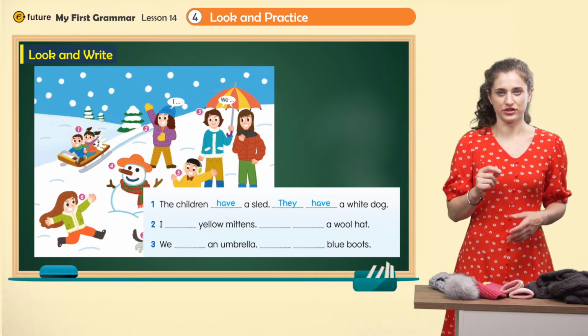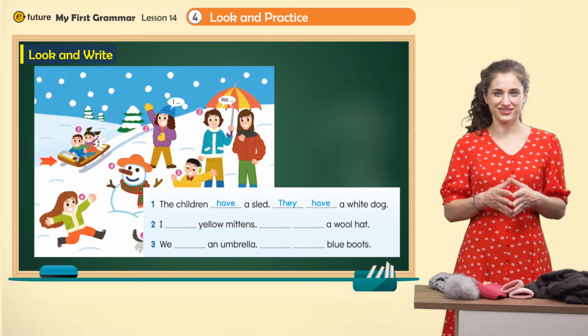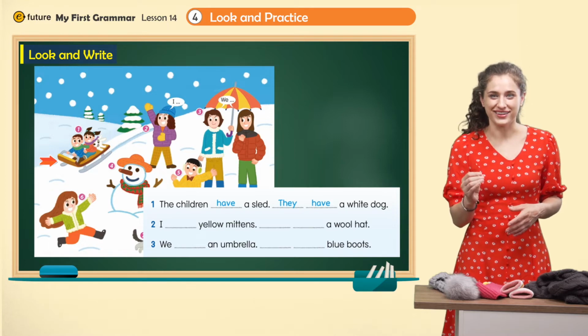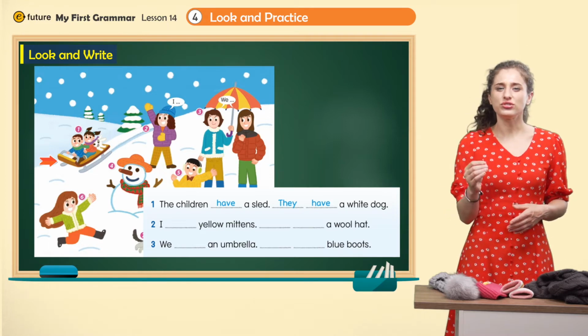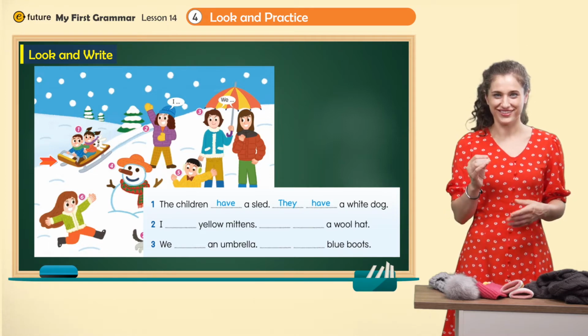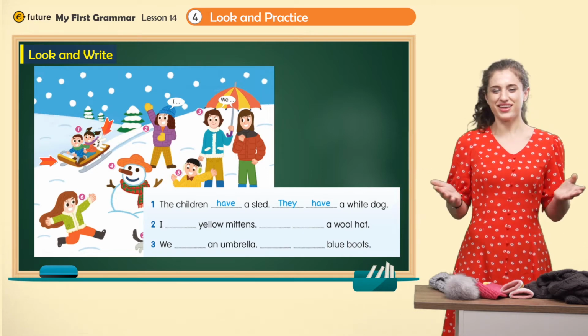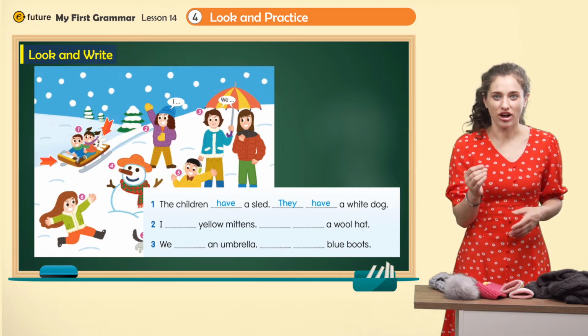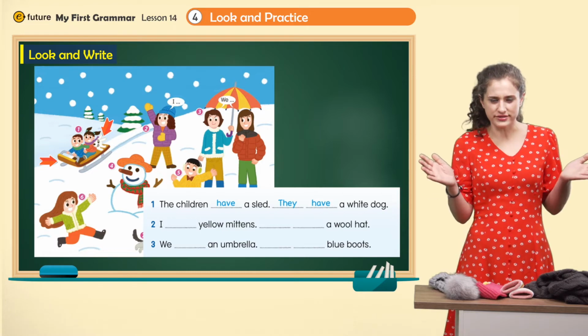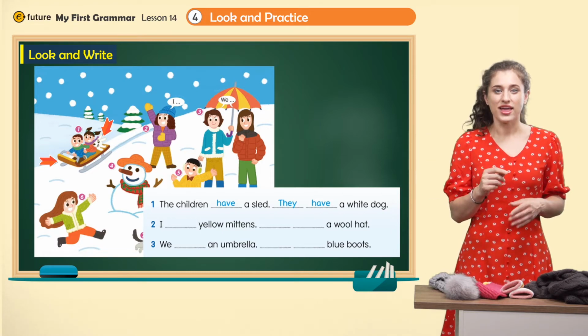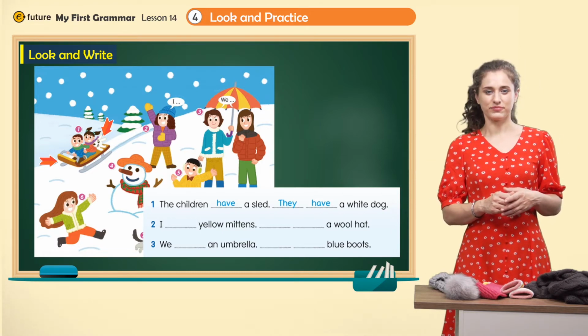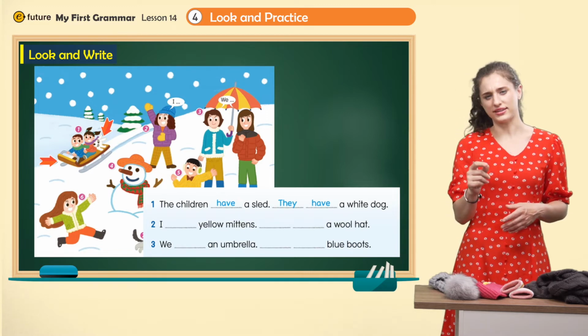Look at the picture first. What's this? It's a sled. The children have a sled. And what's this? It's a dog. What color is the dog? It's white. They have a white dog. Now, look at the sentence.